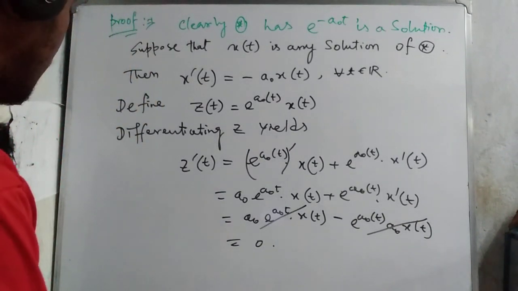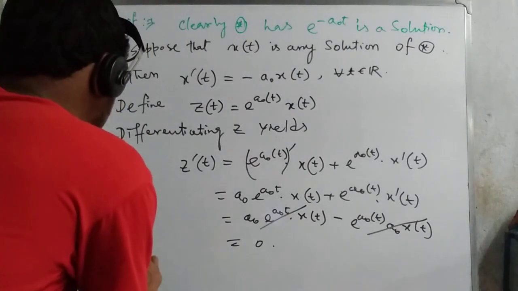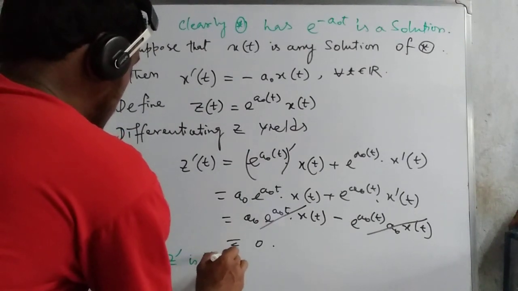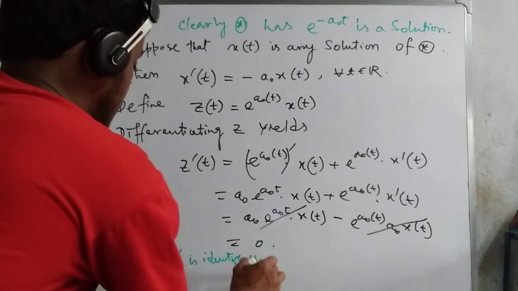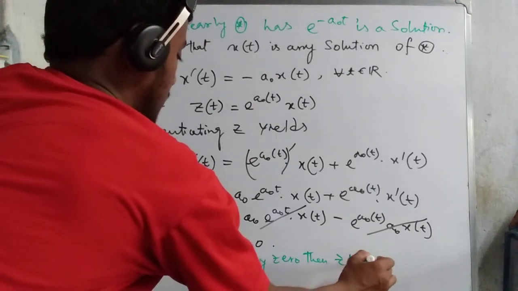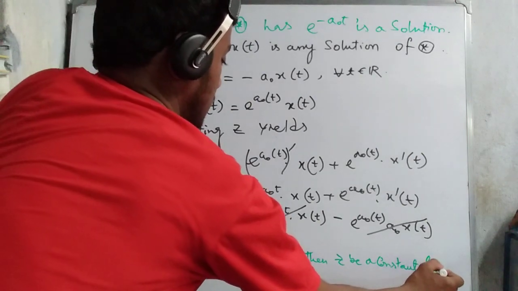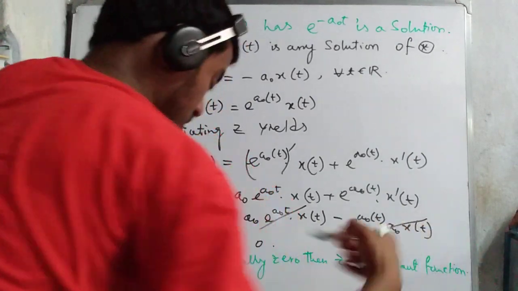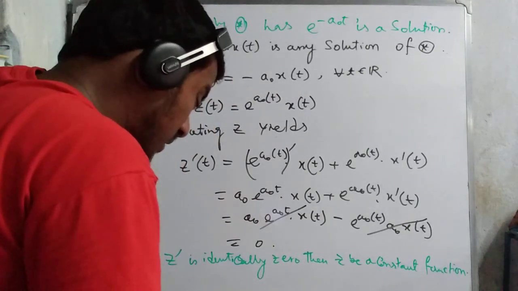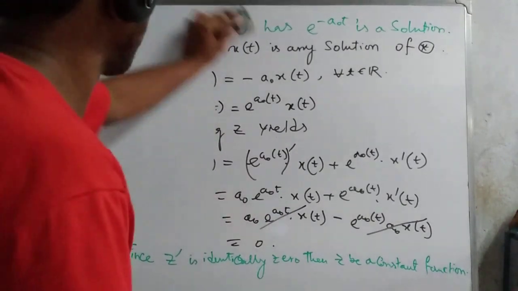Z is a constant function. Then what happens? If z is a constant function, we write it above, we erase that portion.